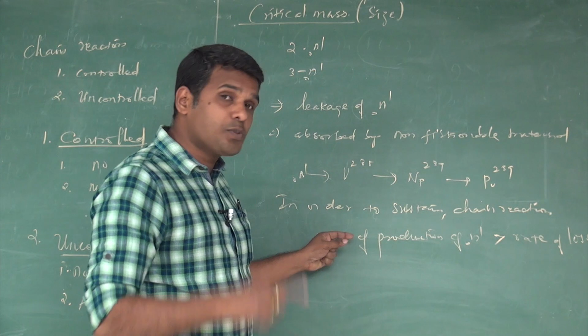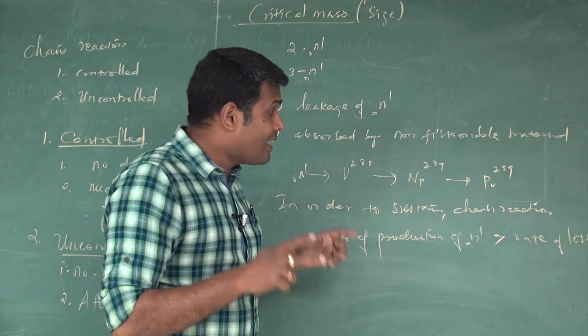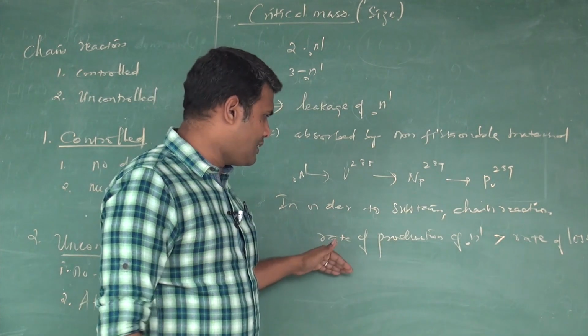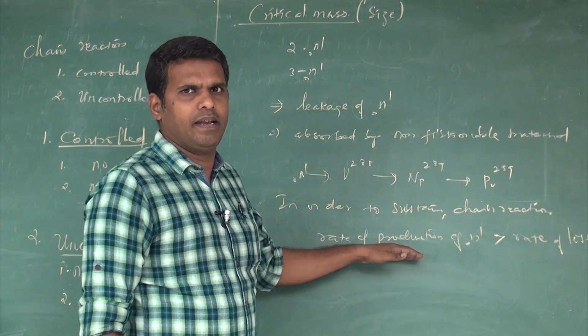So the number of neutrons produced must be more, and the number lost must be less. In order to sustain a chain reaction, this condition must be maintained.